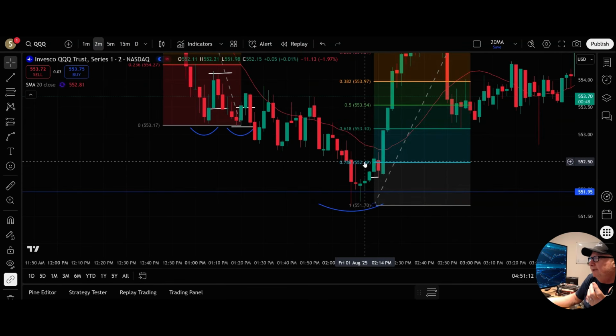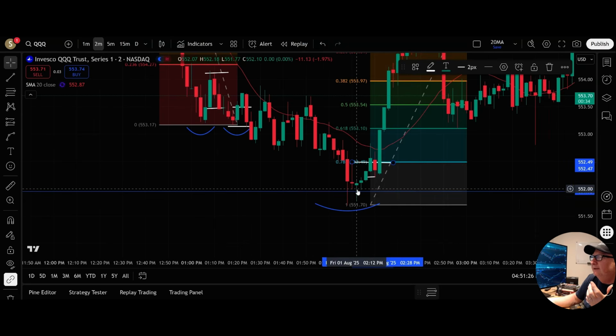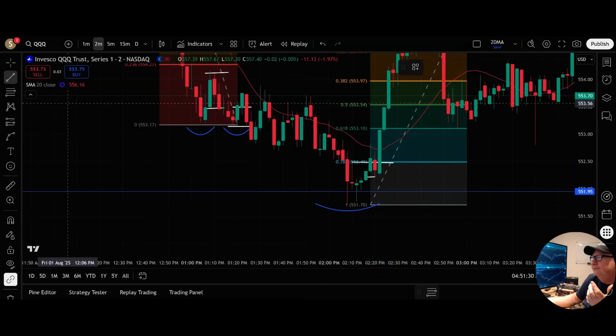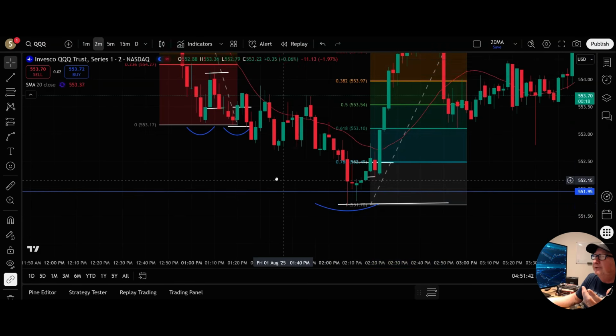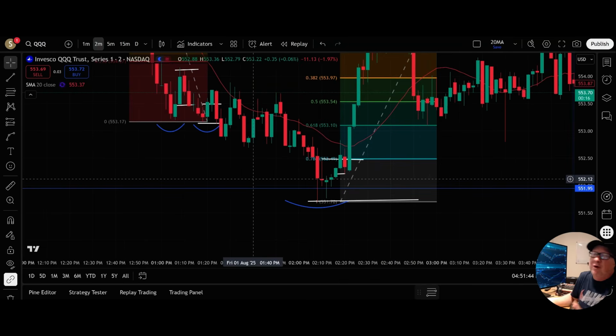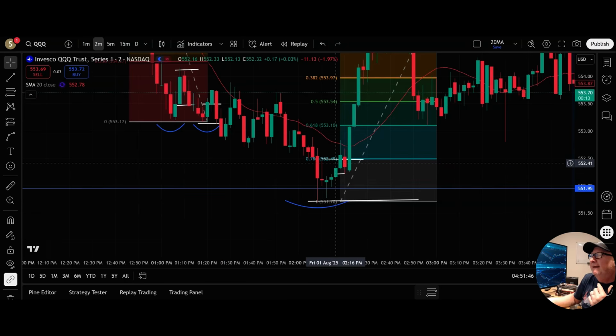The other entry that's less aggressive is going to be here as we clear this red. That's the other entry with a stop at the lows. So two possible entries, kind of depending on how aggressive you are in your trading, but those are the two entries that I see at this point.